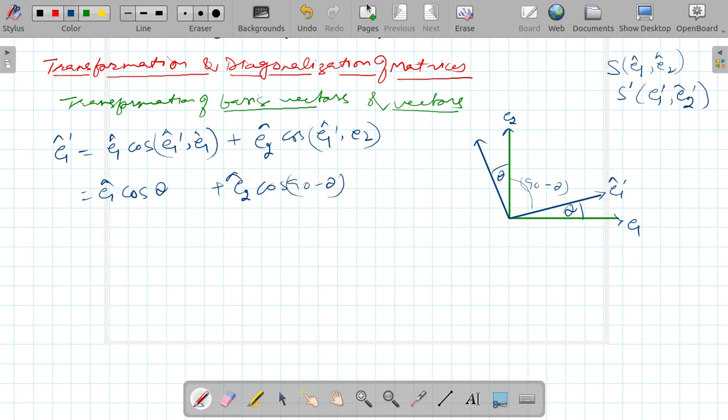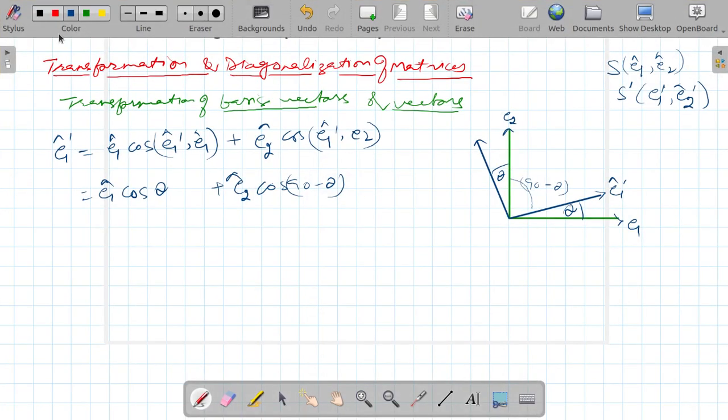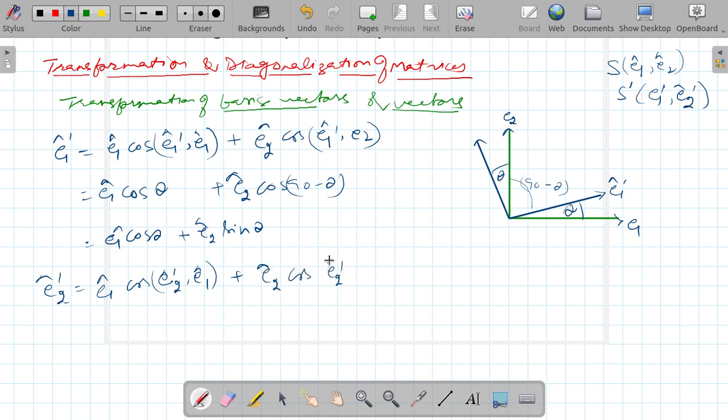Then it can be expressed as E1 cos theta plus E2 sin theta. Similarly, I can write the expression for E2 prime: E1 cos of the angle between E2 prime and E1, plus E2 cos of the angle between E2 prime and E2.